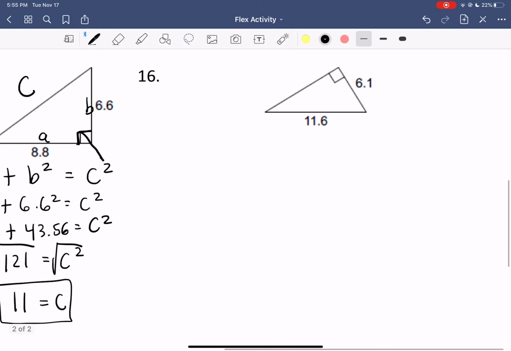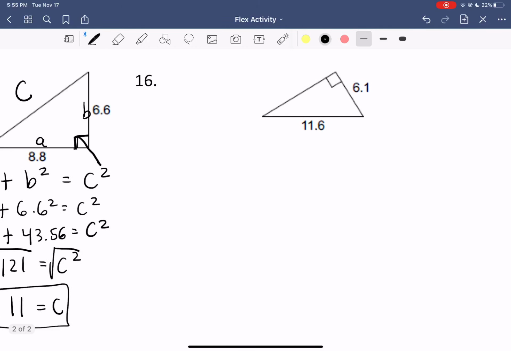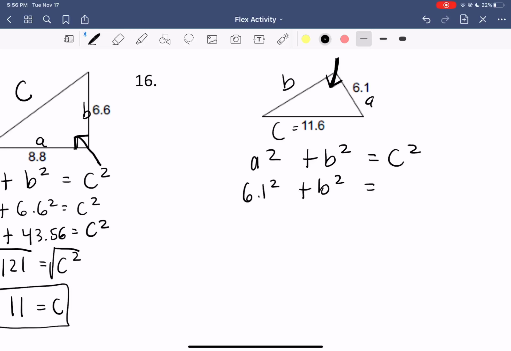All right, the last Pythagorean one over here, remembering that this is pointing to c, so 11.6 is c, and then these two are interchangeable. So we have a squared plus b squared equals c squared. I'm going to substitute 6.1 in for the a, plus b squared we don't know, and then we have 11.6 squared for c.